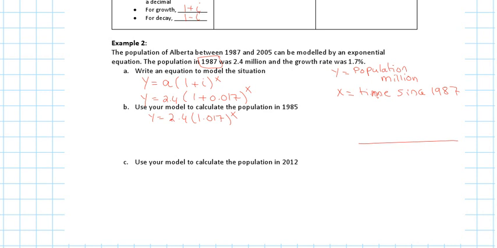If you're going to 1985, that's 2 years before 1987, so that's going to be -2. Okay? So I'm looking at my population 2 years before my initial year. So I'm going to plug in -2 for x. Does that make sense to you guys?